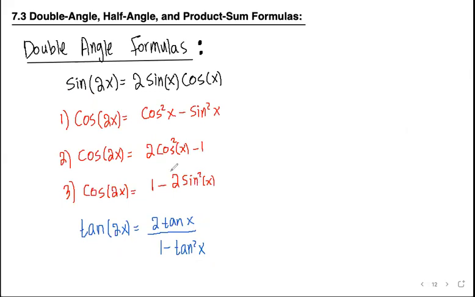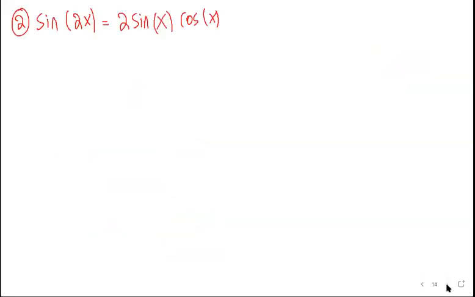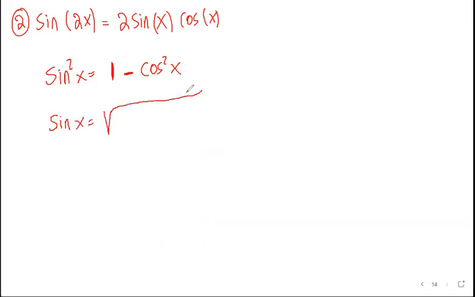Cosine square minus 1, yes, exactly. So he is using the Pythagorean identity. Sine square of x is the same as 1 minus cosine square of x. So sine of x is equal to the square root of 1 minus cosine square of x.